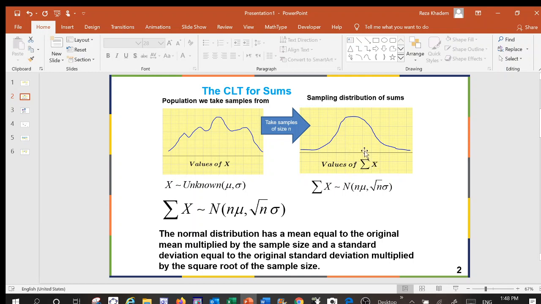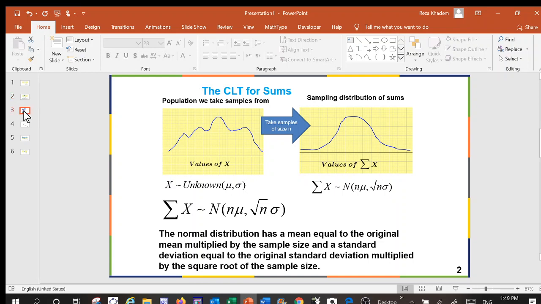Then for every sample we would have a sum, and the sums will make a distribution that is approximately normally distributed, with the mean of n times mu, which is the mu of the original population, and the standard deviation of the square root of n times the standard deviation of the population.